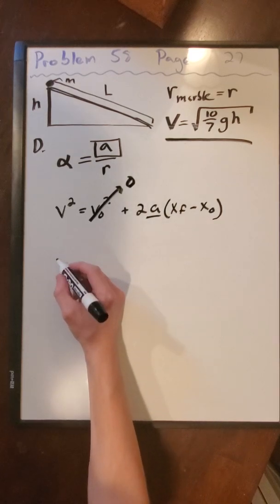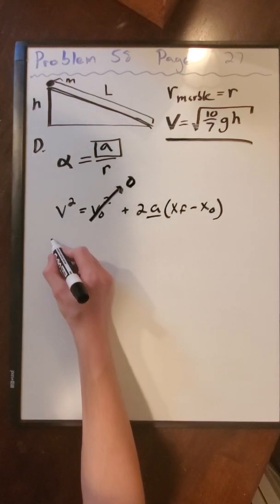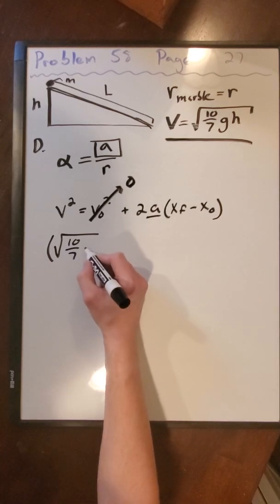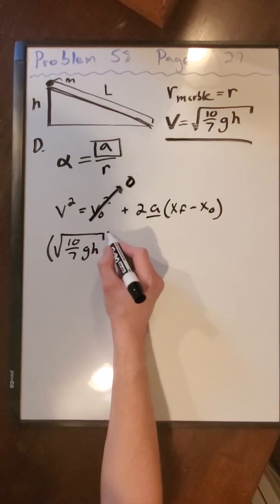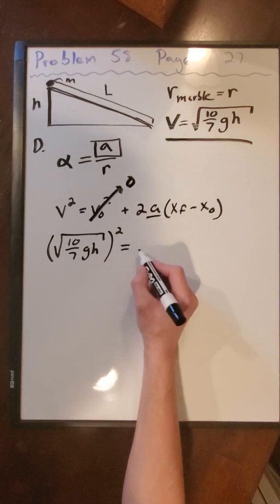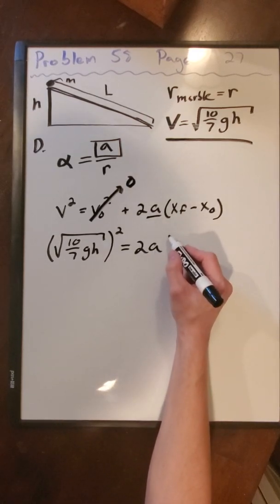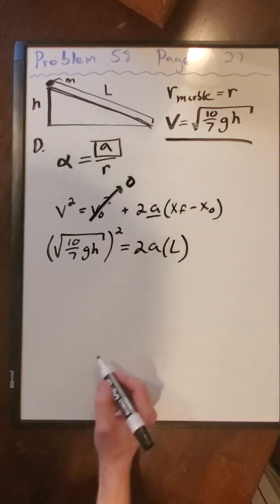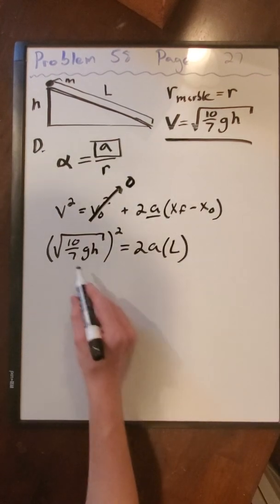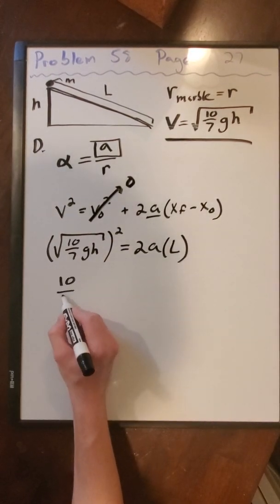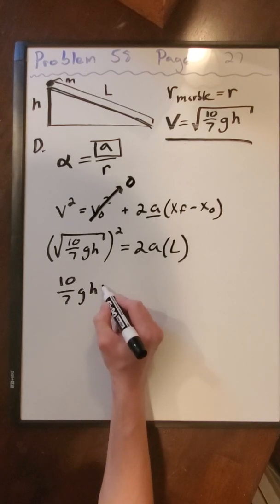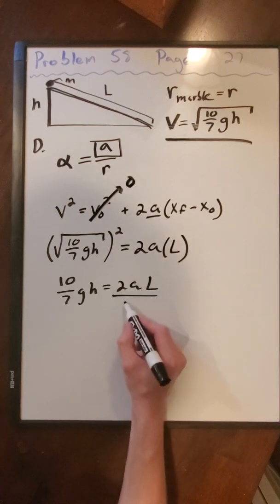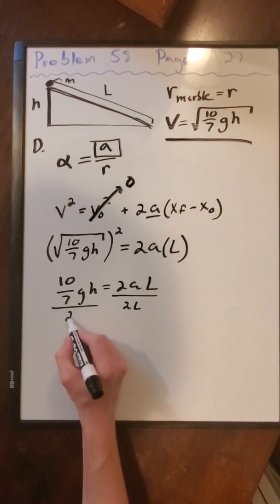So in this case, we can plug in what we know. For velocity, that's just going to be the square root of 10 over 7 times gravity times height, squared, is equal to 2 times the acceleration times our change in distance, which is going to be L. From there, all we have to do is solve for a. So we're going to simplify this first, and we get 10 over 7 gh has to be equal to 2a times L. We divide by 2L on each side.